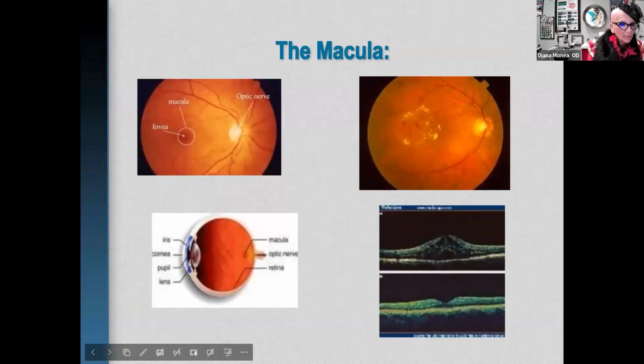So if you look at the macula and you see on the right side what we see as a normal retina, and that is macula you see with a very central area called the fovea. That's a part of the eye that's the size of a pinhead, and if you're crazy enough to look at the eclipse, you burn a hole in that area and lose all of your central vision. But when you're looking at the right side, you see macula, you see fovea, and you see the two blood vessels around it.